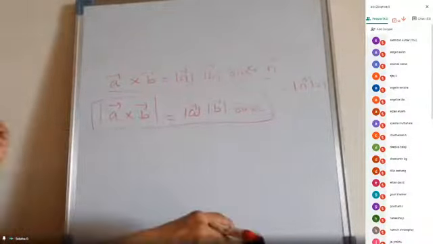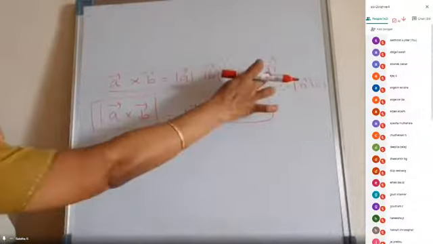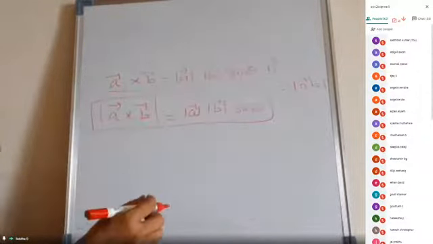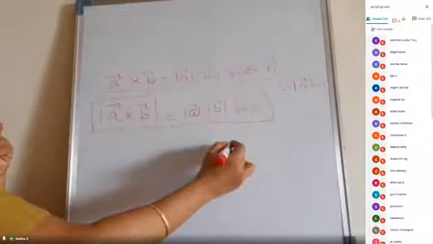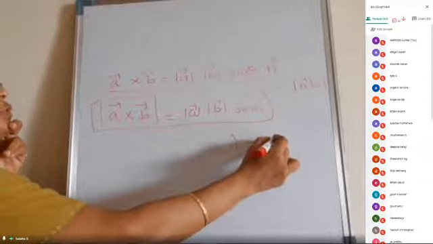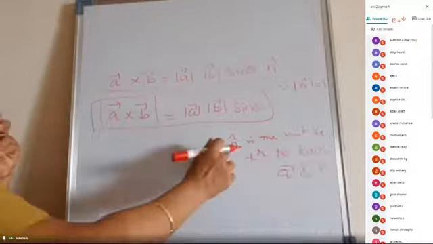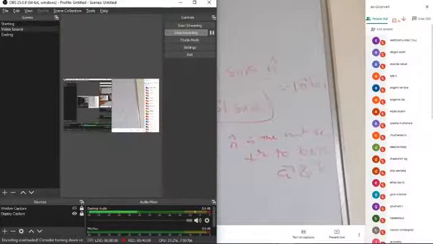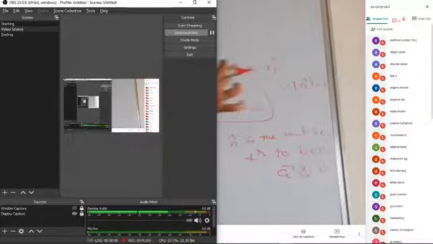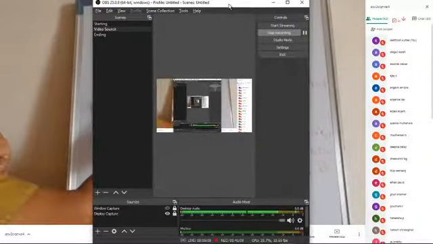Next one is, how can I find this normal vector, the unit vector perpendicular to both A vector and B vector? n cap is the unit vector perpendicular to both A vector and B vector. How can I find this n cap alone, ma'am? That is nothing but n cap equals A cross B by mod A mod B sin theta.